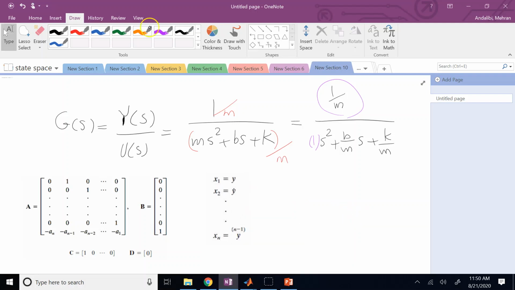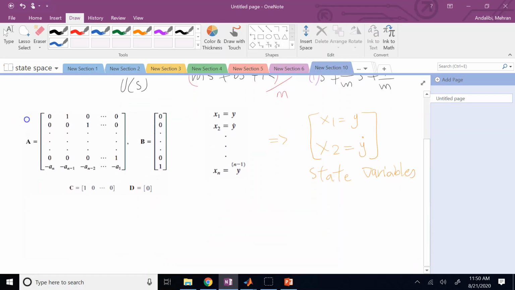So your polynomial here is order 2. Therefore, you just need 2 variables. So what you would do is you say my x1 is y, the output, and my x2 is the time derivative of that. So this is going to be my state variables. Okay, so this is for this part.